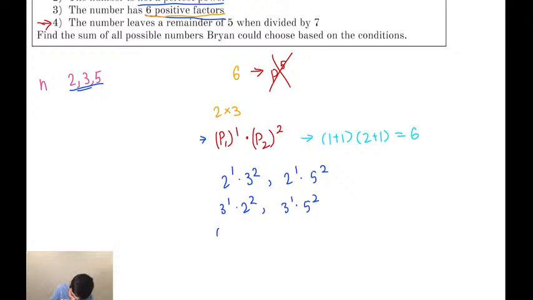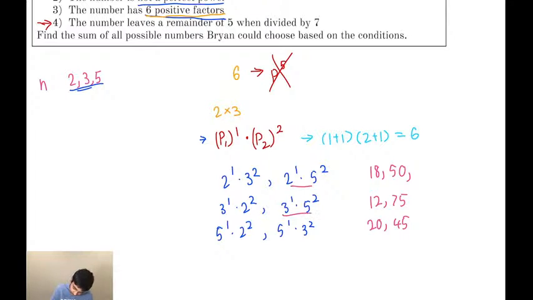And then you can have 5 to the 1 times 2 to the 2, or 5 to the 1 times 3 to the 2. Meaning that the numbers are 18, 50, 3 to the 1 times 2 to the 2 is just 12, 75, 5 to the 1 times 2 to the 2 is 20, and 5 to the 1 times 3 to the 2 is 45, right? So I just evaluated these expressions.